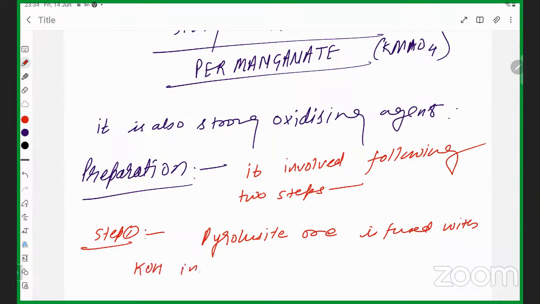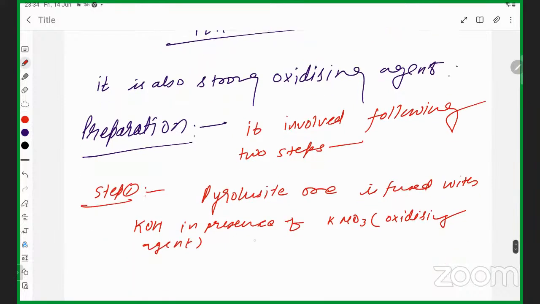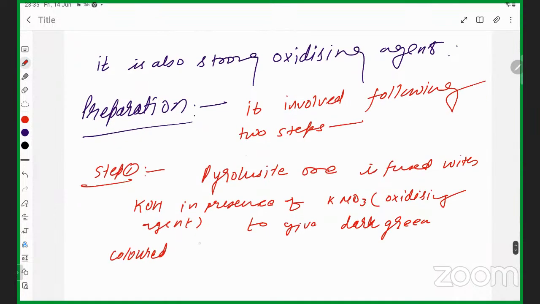KOH in the presence of KNO3, the oxidizing agent, to give a dark green colored compound, K2MnO4.